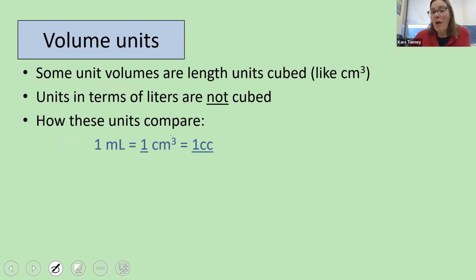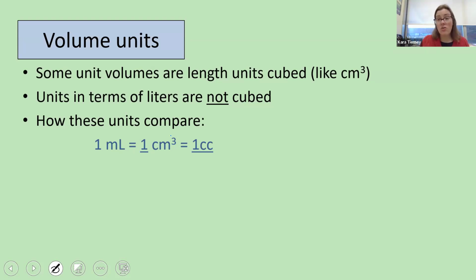Now, one thing about units, and there's a special little caveat with our volume units that you should be aware of. There are 2 different types of metric units for volume. The base unit for volume is liter, and that is defined as a 3-dimensional unit.